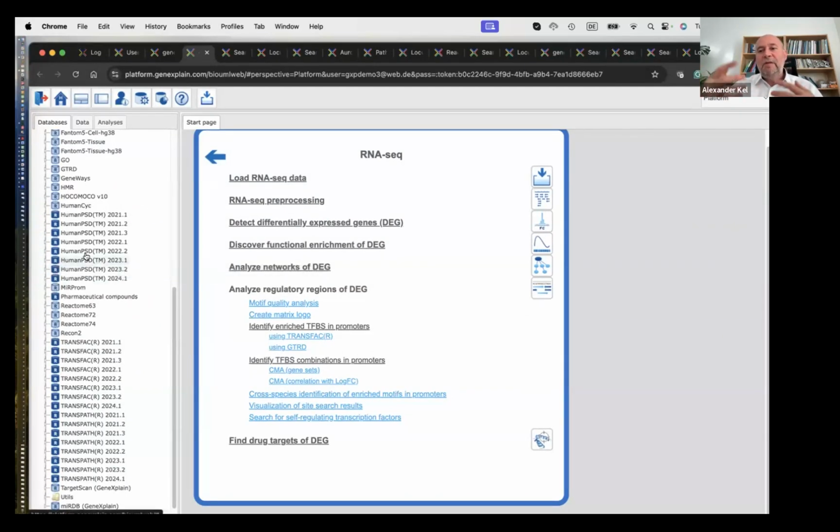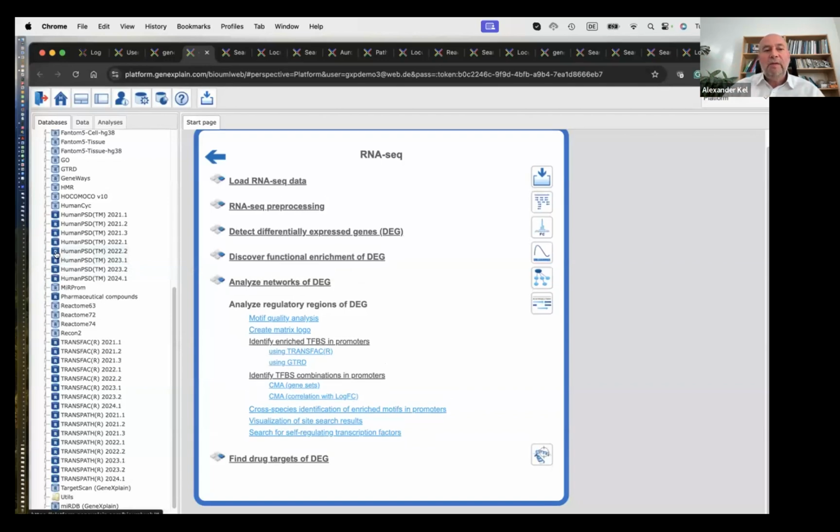But if you just register for a free account of geneXplain platform, you get everything here, but you will not have the TRANSFAC database, and any pipeline which uses TRANSFAC databases becomes inactive. As soon as you license TRANSFAC, you immediately get these databases linked to this account, or you create a new account for that.